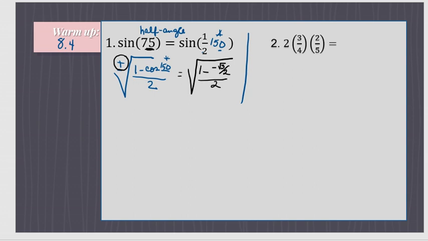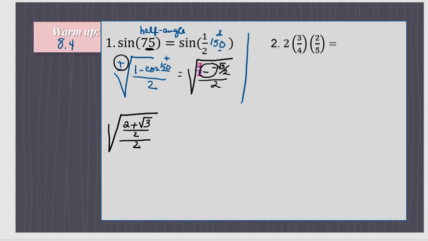Now we can't add these until we have a common denominator, so this is going to become 2 over 2. And so our top piece is going to be the square root of 2. Now what happens with these double negatives? They become a positive. So this becomes 2 plus square root 3 all over 2 and all of that over 2.